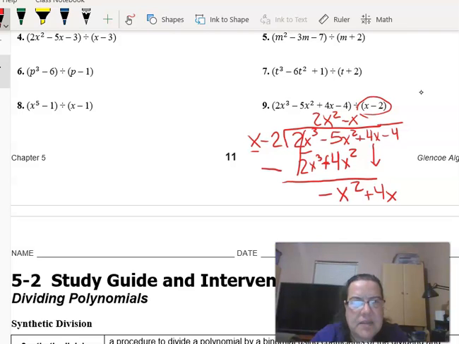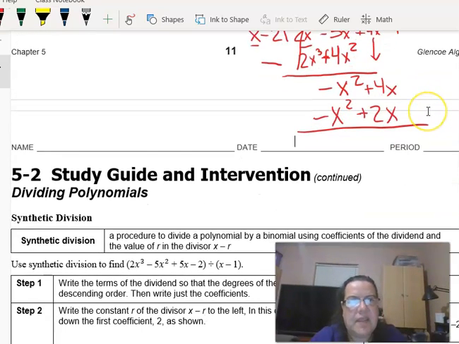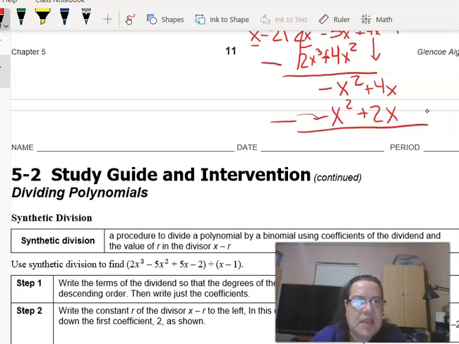And then negative x, so then I get negative x squared, and then x times negative 2, I get a negative times negative, actually it's a positive 2x. And so now here's my next level, but you got to remember that this level you subtract, right?